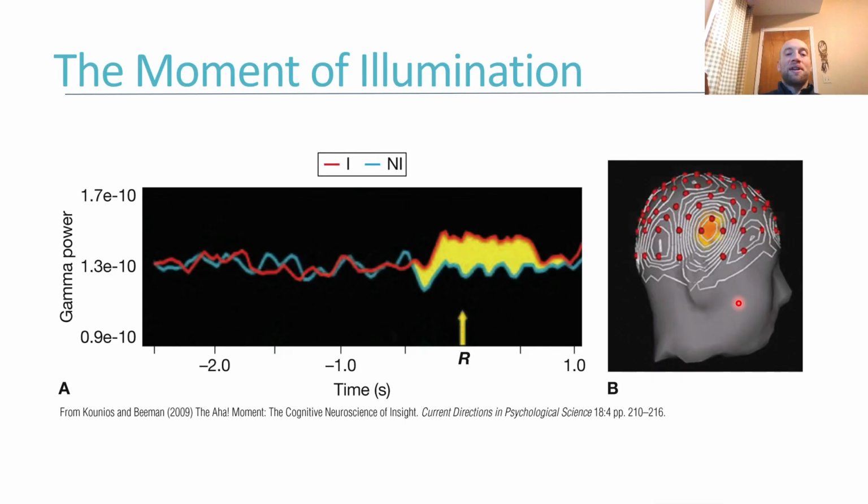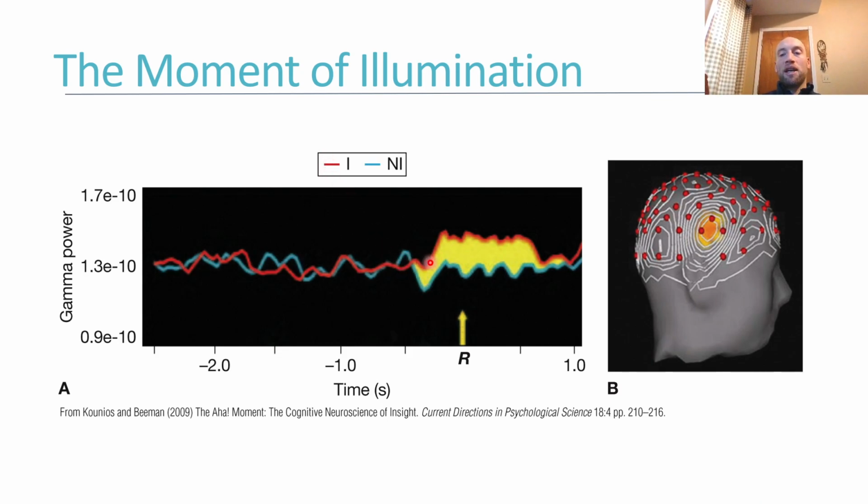Likewise, we can see neural responses in terms of a dip in our NI. This NI area is right here on your parietal lobe. The electrodermal activity in that area.